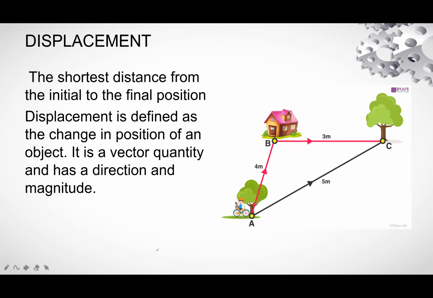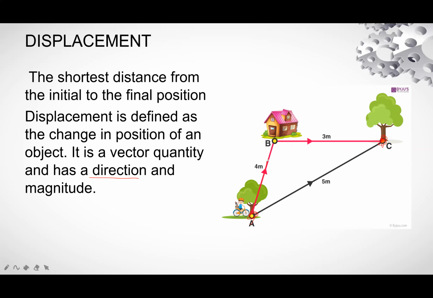Displacement. The shortest distance from the initial to the final position. Displacement is defined as the change in position of an object. It is a vector quantity and has direction and magnitude. This is one point, this is the other point.